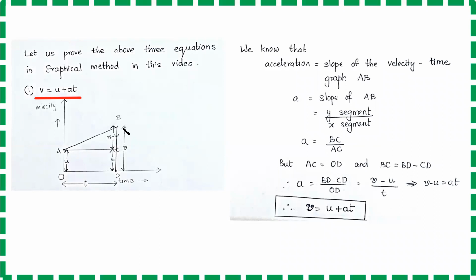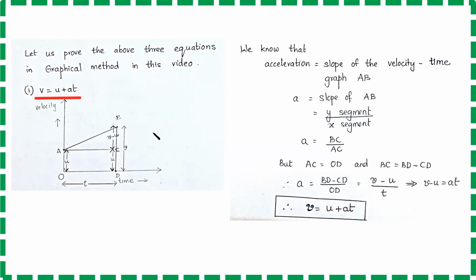So AB is the graph. At the starting position, the initial velocity is u. After a time t, when it reached point B, its final velocity is v. So now let us take OA as u and BD as v.